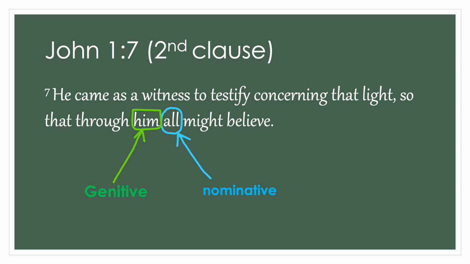And where we have something that says "in order that" or "so that," that's called a subjunctive. So this is a subjunctive verb here, because something needs to happen in order that something happens. That's the subjunctive mood. So "all" is nominative, and the verb associated with it is "believe."